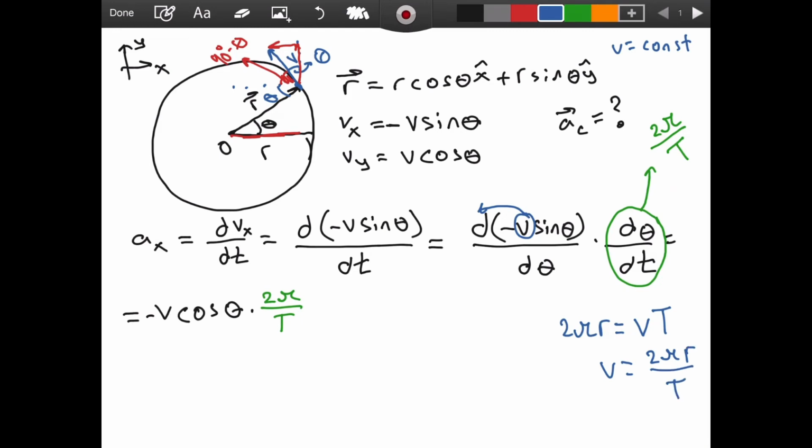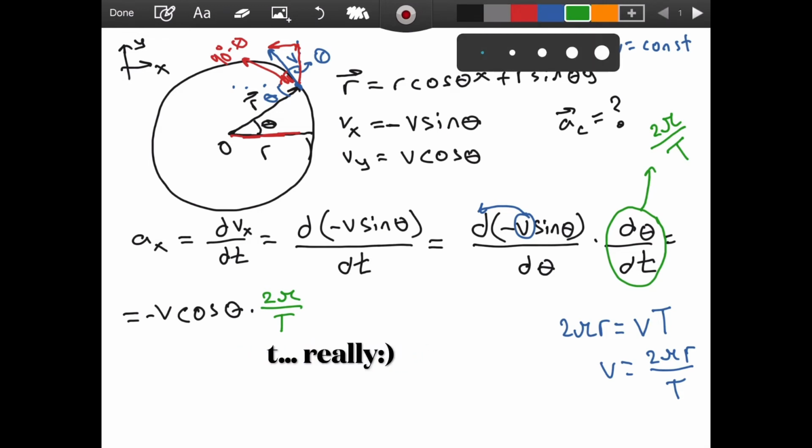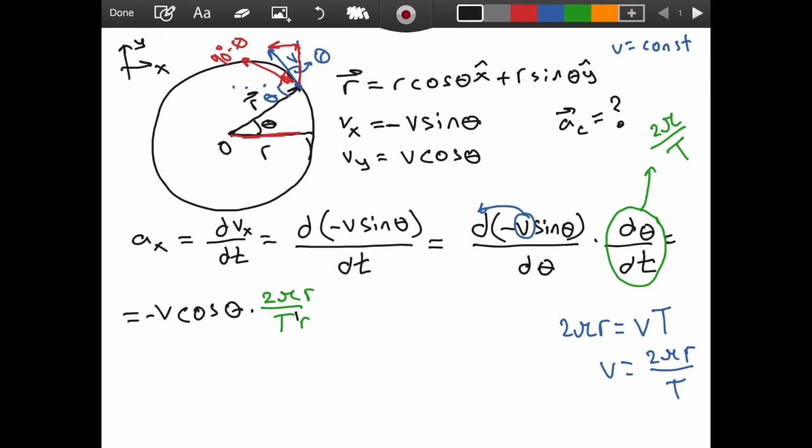Using this information, let's multiply our expression with t. So we have t here and a t here. Now we see that this is a v. So we have two v's, which means a v squared cosine of theta, and we have r as well.